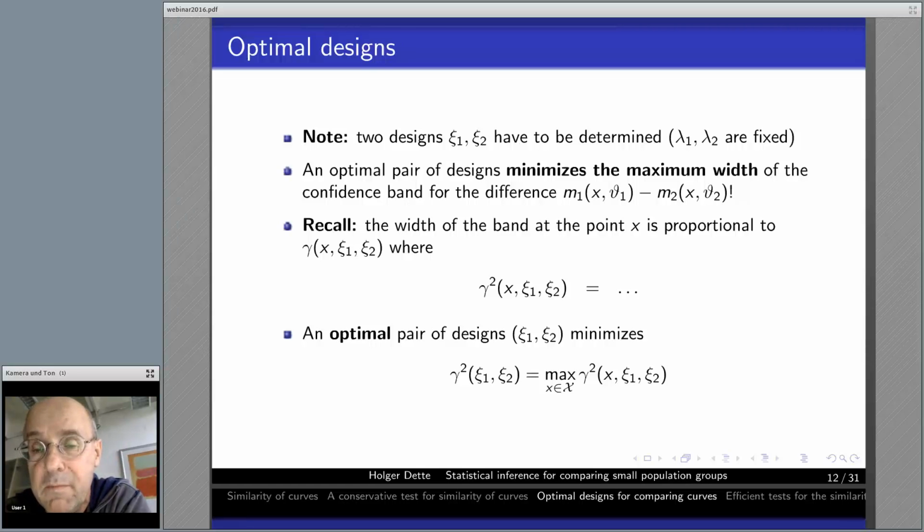So it takes the maximum of all these gamma expressions and minimizes with respect to the choice of the design. I don't tell you how we get the solutions, but what you should keep in mind is that we choose the two designs in such a way that we try to minimize the maximum width of the confidence band. Okay?